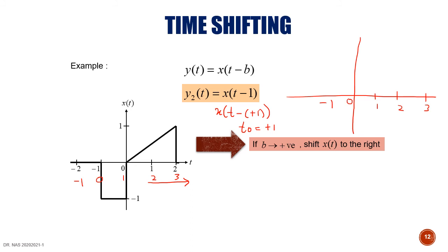So 0 becomes 1. And then going down, this one comes here. So the amplitude is the same, negative 1 and 1. So this is your new signal, okay? The original signal being shifted to the right by 1.